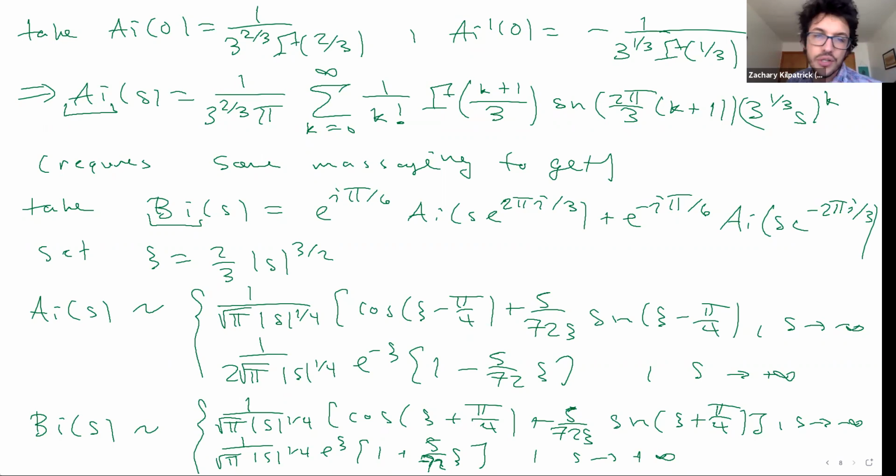And I think you can also relate the Airy functions to Bessel functions. There's a lot of different expressions for them. I think the power series approach is, to me, the most straightforward way to get at least some kind of expansion for them. But then you have to do some massaging to get the right formulas for the coefficients.